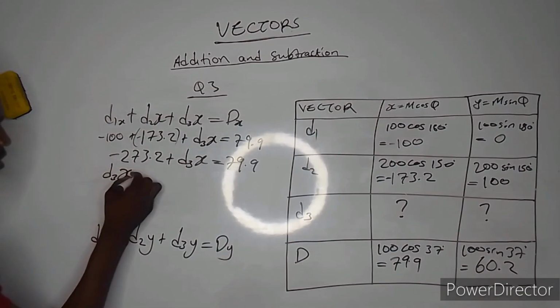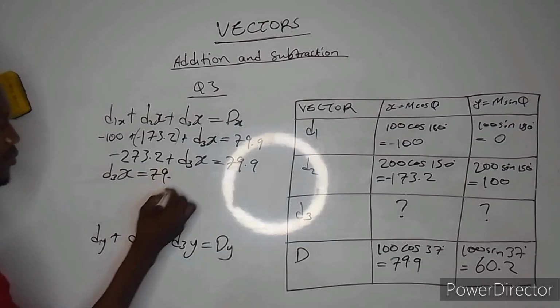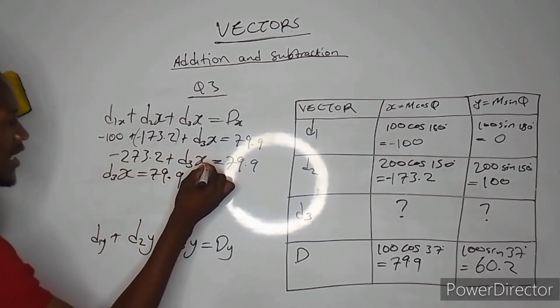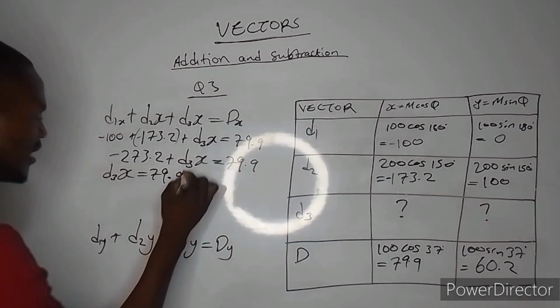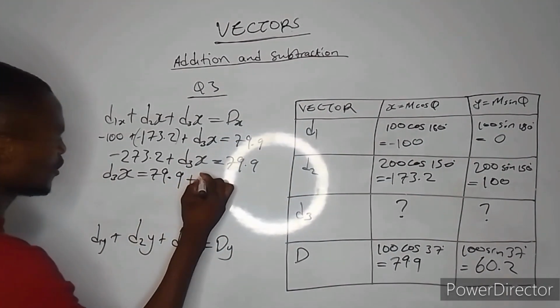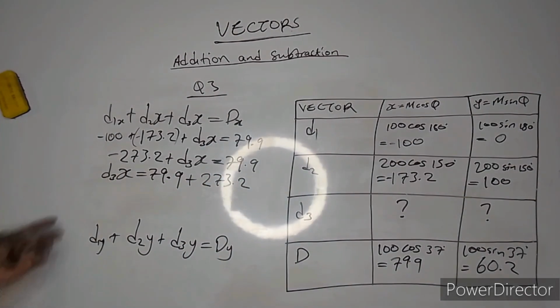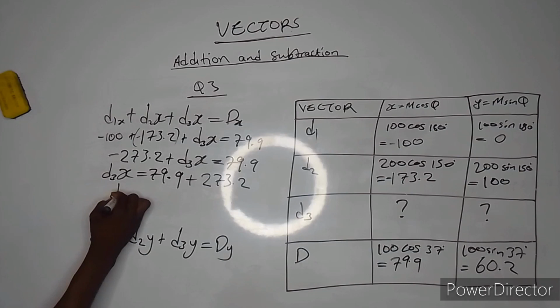So D3x will be equal to 79.9. This one crosses the equal sign. What happens? It changes the sign. So it will be positive 273.2. Then, what are we getting when we add these?